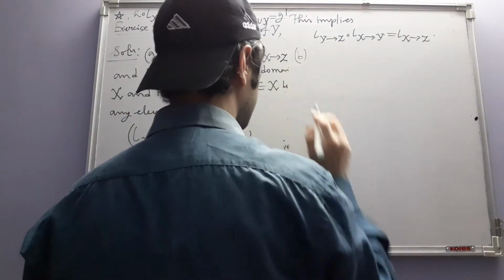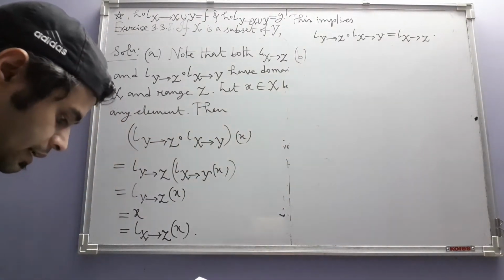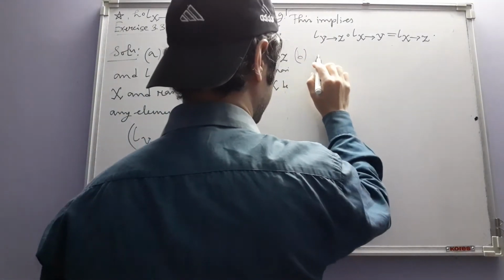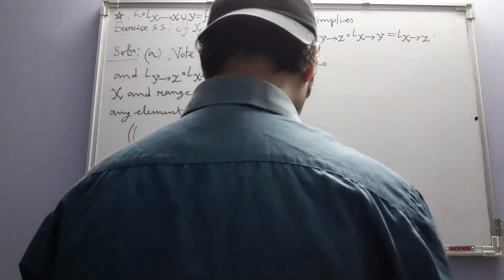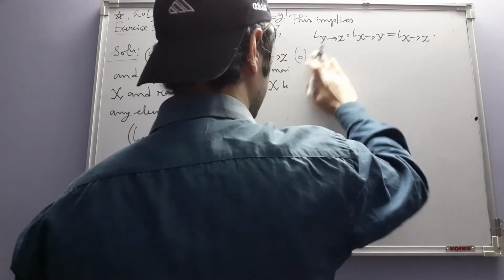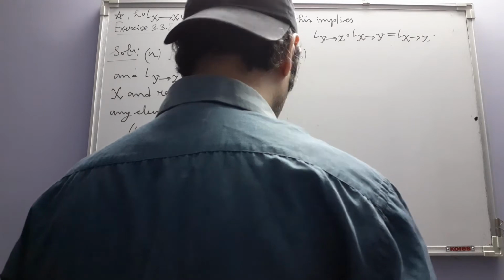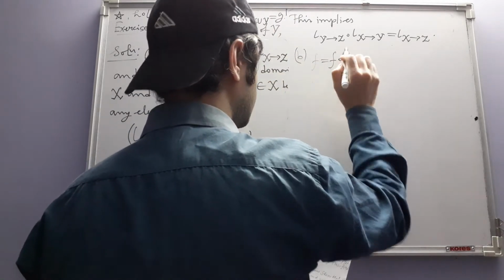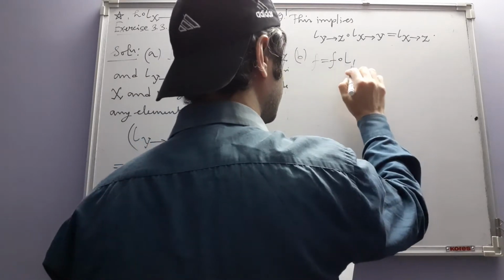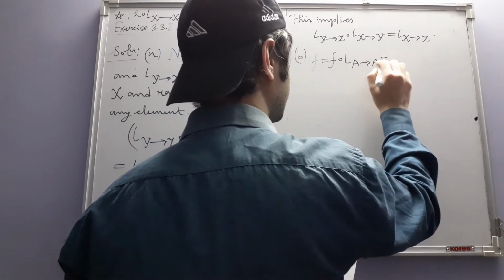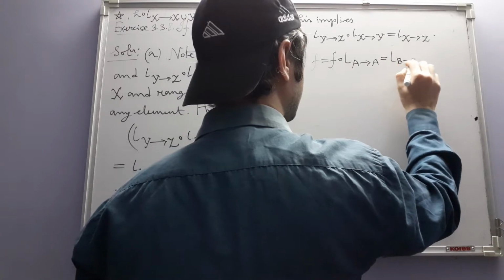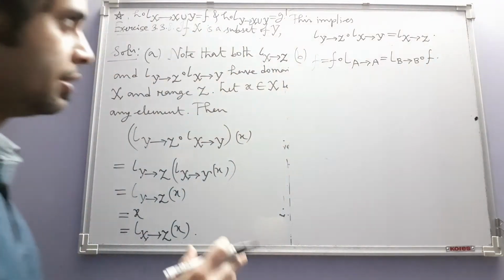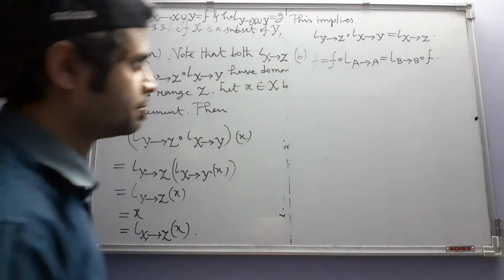Then comes the second. In the second one, we are asked to show this composition. No matter how hard I try, I seem to not be able to remember this thing. Okay, so this is the one we have to prove.